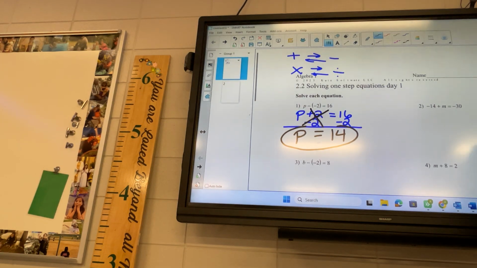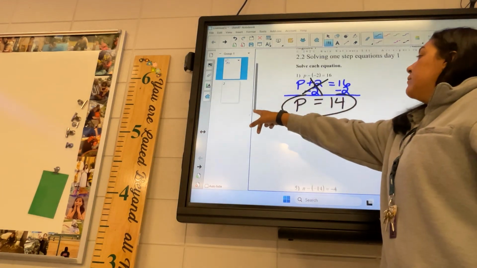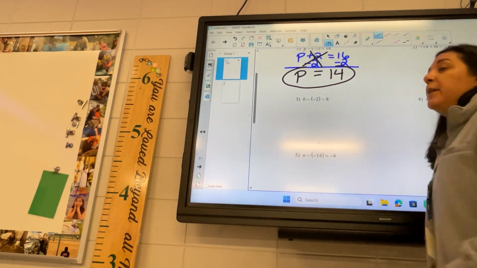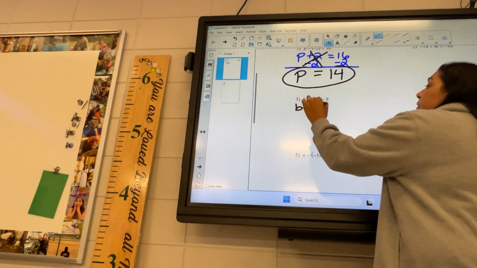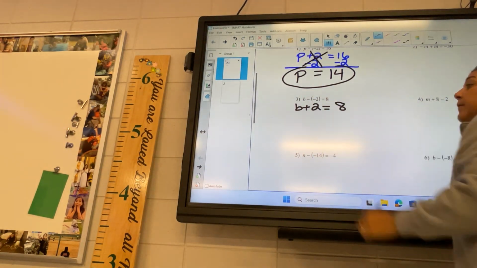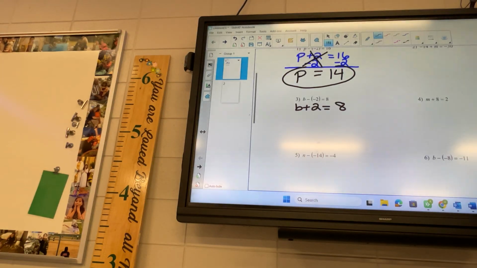Okay, number 3. See the minus minus? Minus minus becomes what? A plus. So this is really going to be b plus 2 equals 8. What is the closest thing to the b? The 2. Right now it says a plus 2, so what are we going to do?